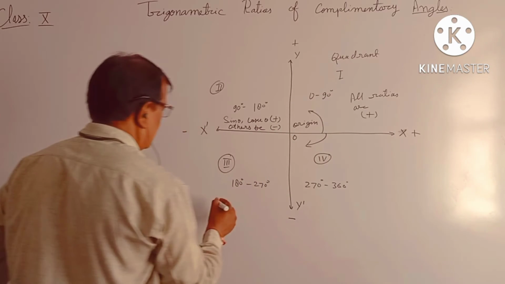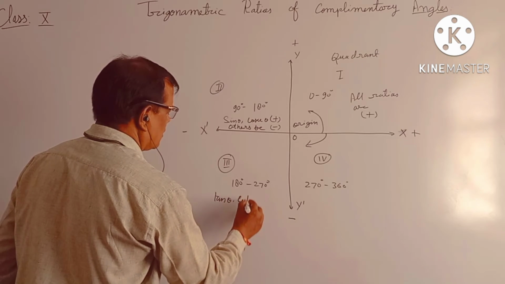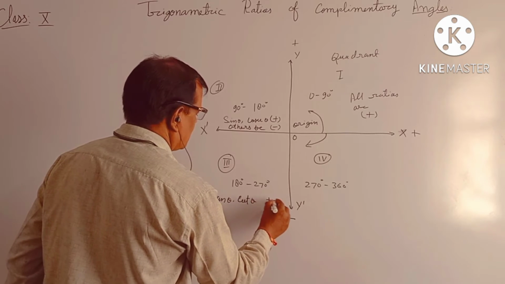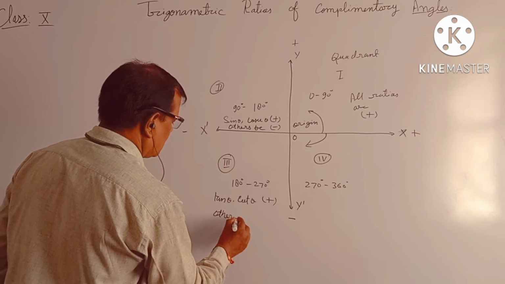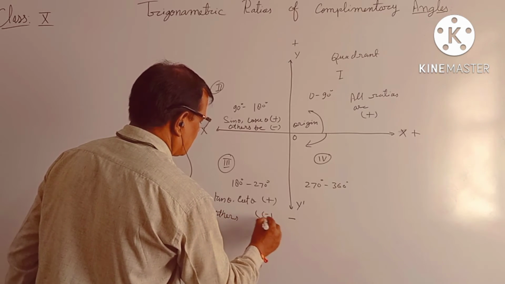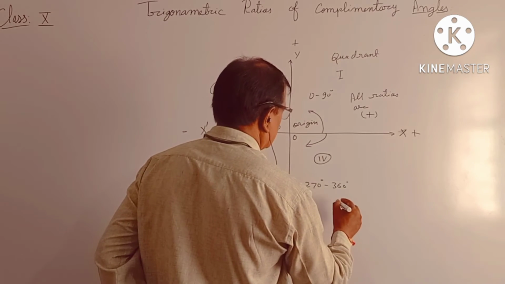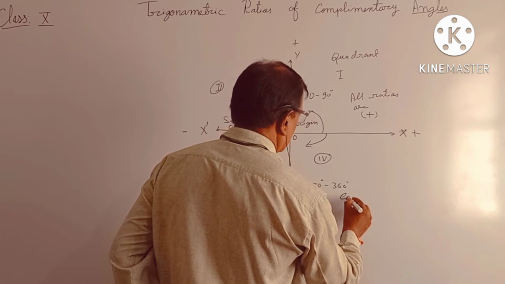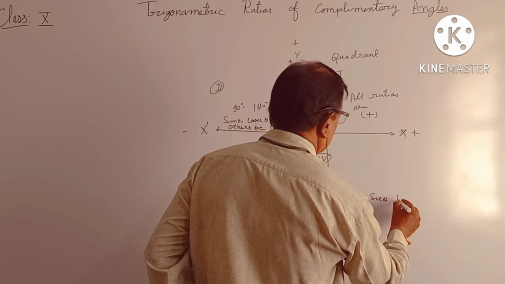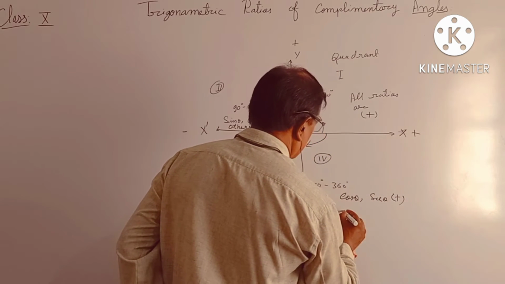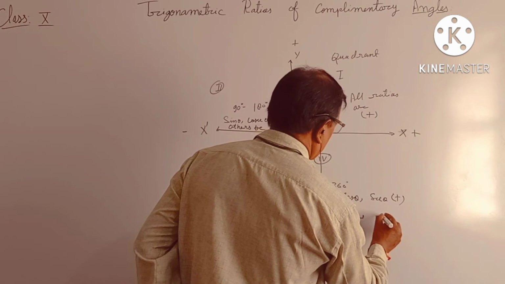In the same way, in the third quadrant tan theta and cot theta are positive and the others are negative. In the same way, in the fourth quadrant cos theta and its opposite sec theta are positive and the rest are negative.